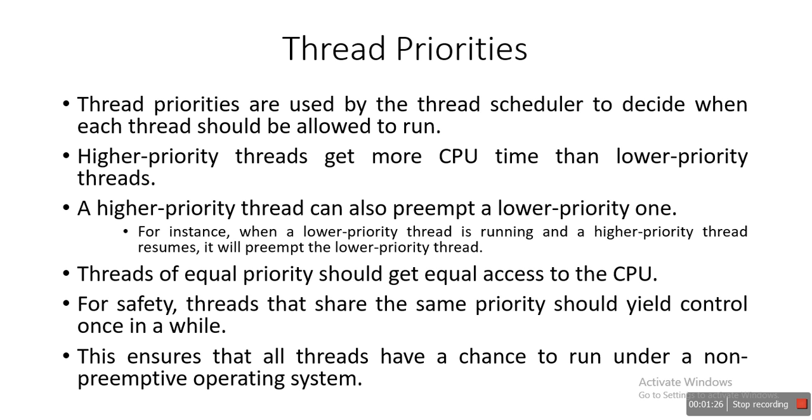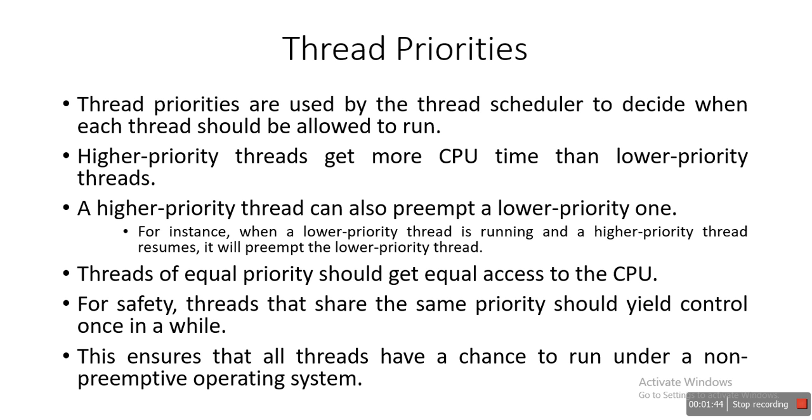Thread priorities are used by the thread scheduler to decide when each thread should be allowed to run. We have the scheduler in our system, in our CPU, and it decides when each process or thread should be allowed to run.